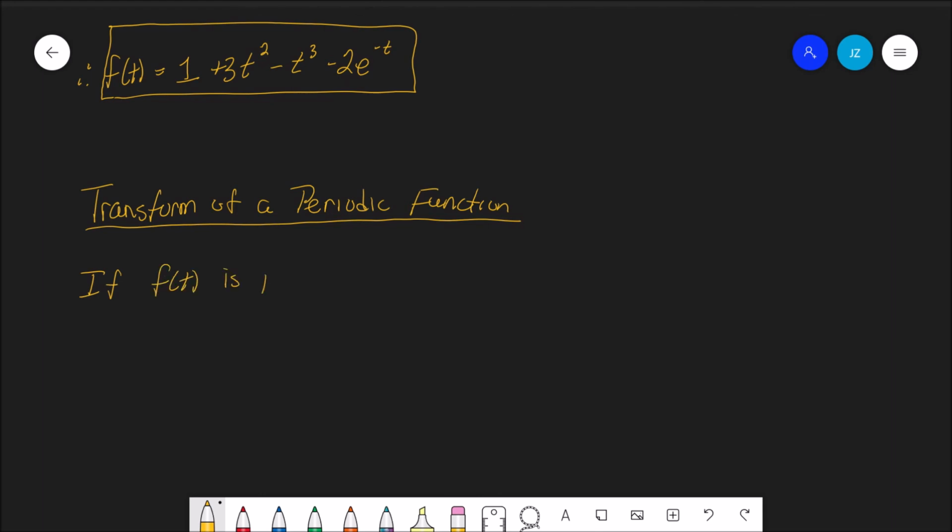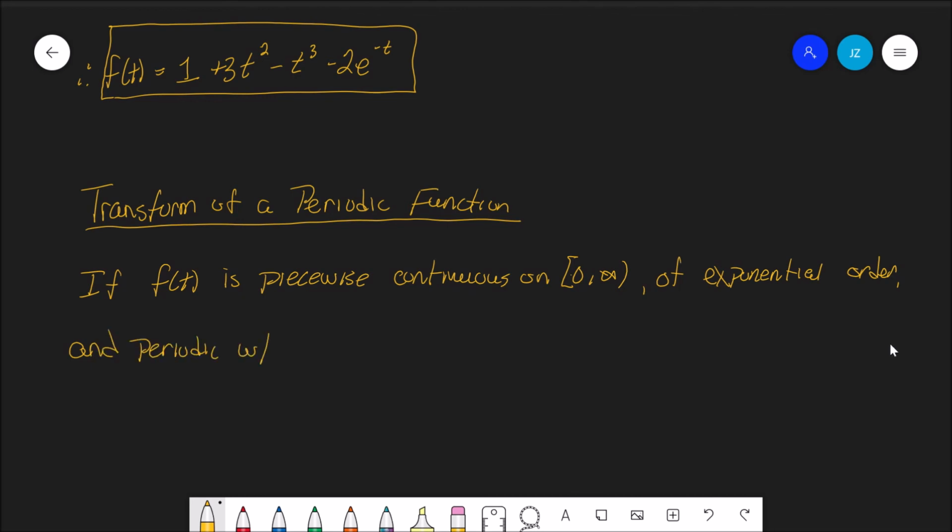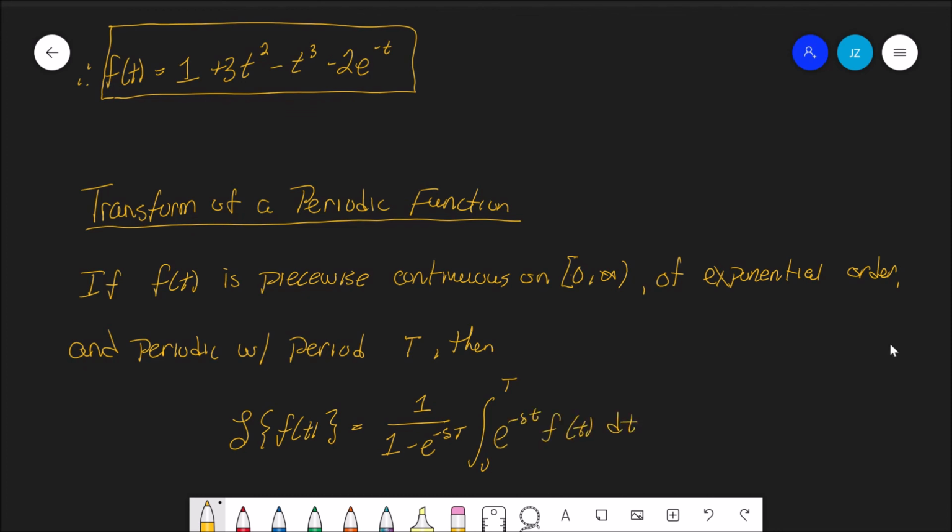If f of t is piecewise continuous on 0 to infinity, of exponential order, and periodic with period capital T, then the Laplace transform of f of t is 1 over 1 minus e to the negative s big T times the integral from 0 to big T of e to the negative st f of t dt.